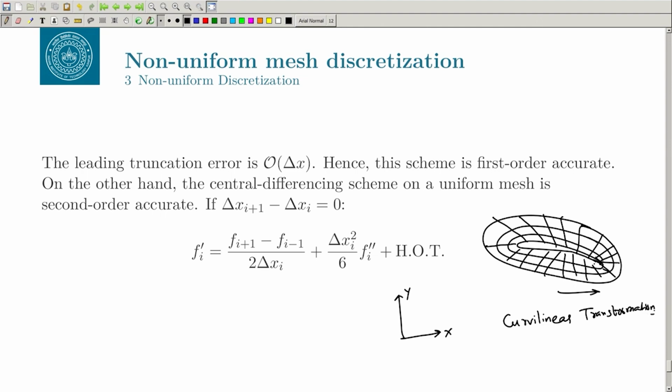That means even if things are changing very rapidly, you can convert it into a uniform mesh by using a Jacobian. So, this is a non-uniform mesh and this is your uniform mesh.